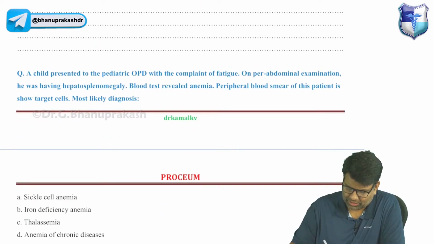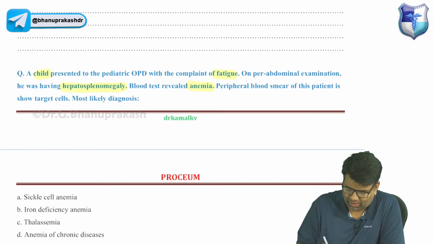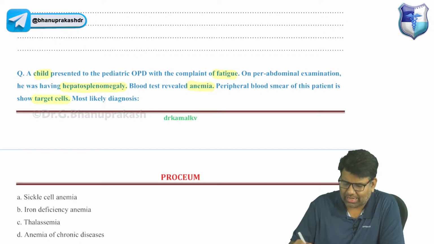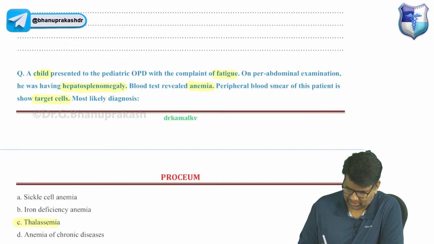Next question. A child presented with complaints of fatigue. He was having an enlarged liver and spleen. There was anemia, and peripheral blood smear showed target. This is very easy. Yes, this is thalassemia.